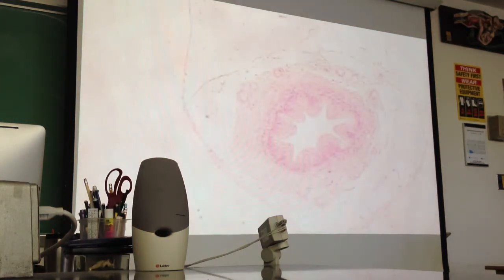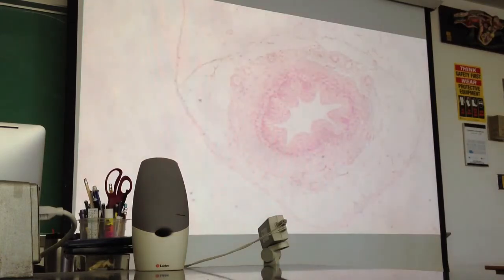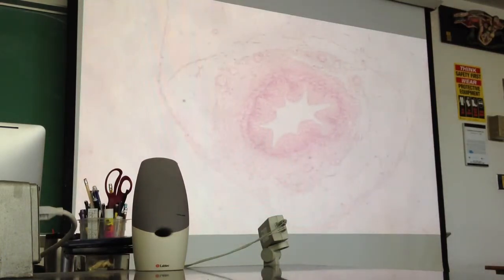Pretty tiny structure because of the animal that it was taken from, I believe. This is the ureter. Okay?